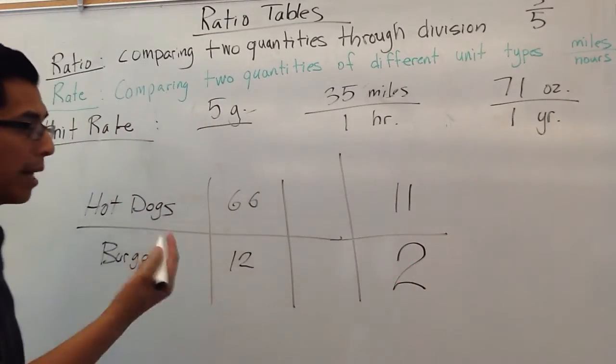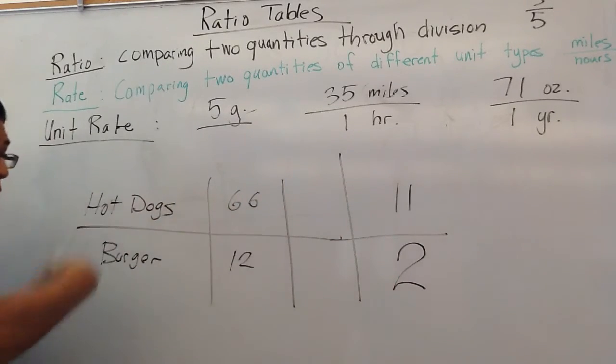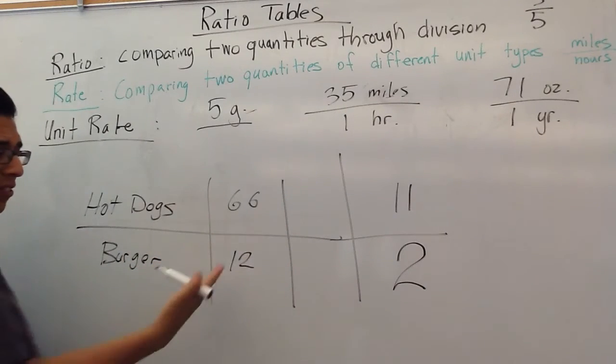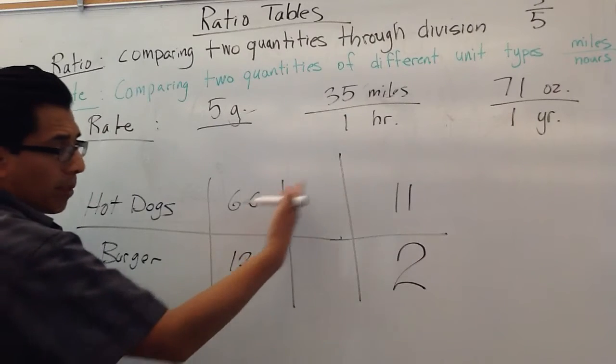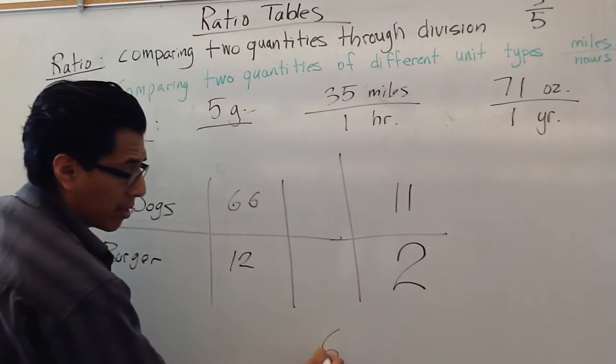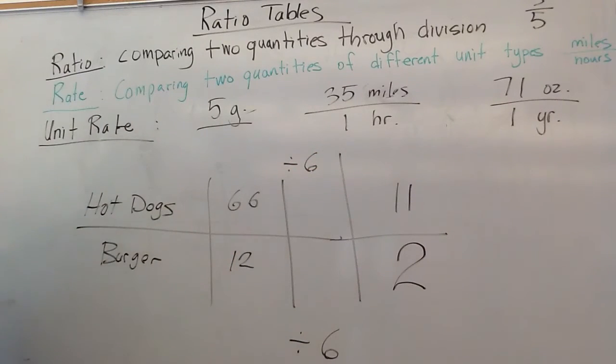There are multiple pathways to get here. How can I get from here to here? Personally, I think it's always easiest, since it's decreasing, to ask what did I divide by? Can I divide them both by the same number? Yeah, I can divide by 6.